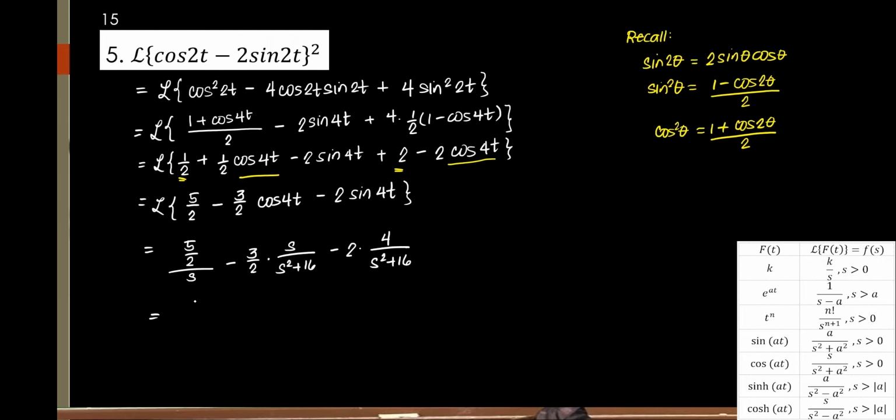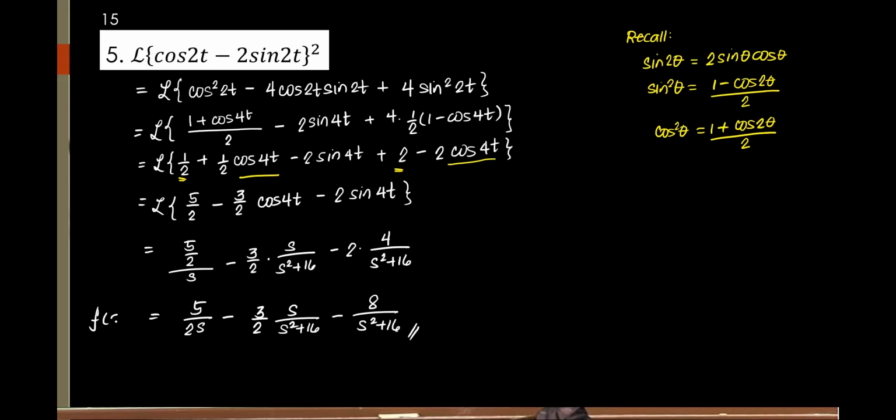So this one becomes 5 over 2s minus, maybe we can just write this outside. It's okay because it's a fraction anyway. And then this one is minus 2 times 4 is 8 over s squared plus 16. So that's correct. This is your function of s.